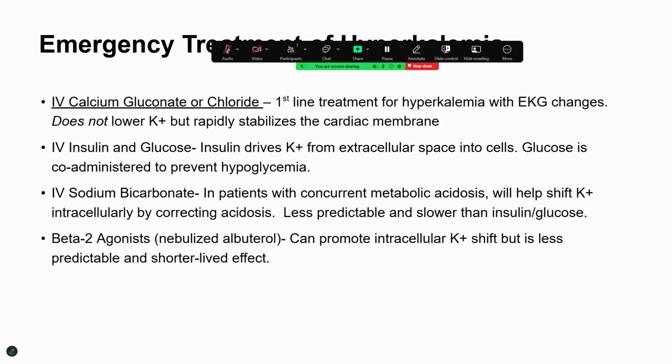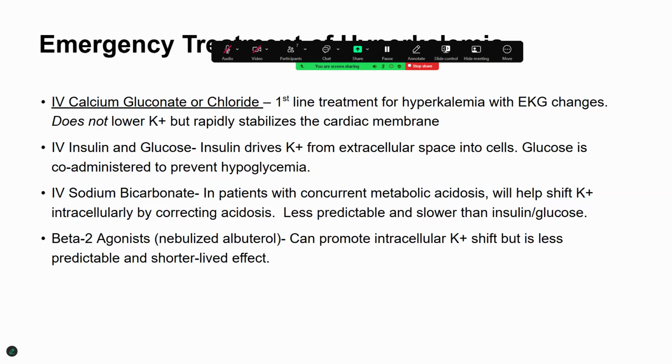Emergency treatment for hyperkalemia. You'll see this. Acute nurses are very familiar with this. Maybe chronic nurses might not have had the opportunity to see this regimen of therapy. But if a patient is admitted to the ER with severe hyperkalemia, they'll get the calcium gluconate, which doesn't treat the hyperkalemia, but if they have EKG changes, it does stabilize the cardiac membrane.